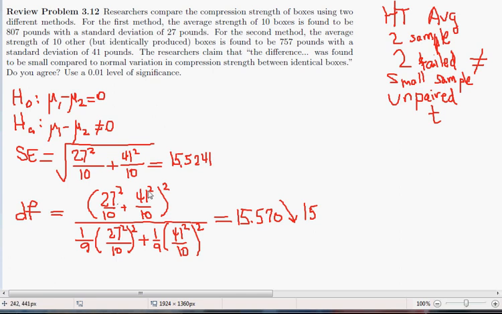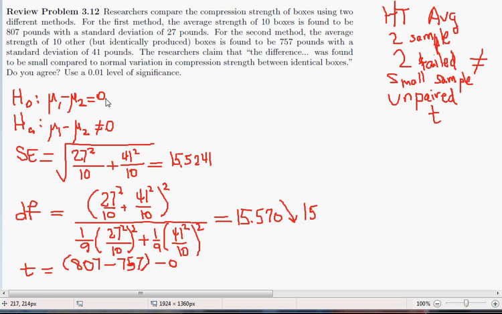Our value of t will be equal to the observed difference in the averages, 807 minus the second average of 757, that's the observed difference, minus the expected difference.